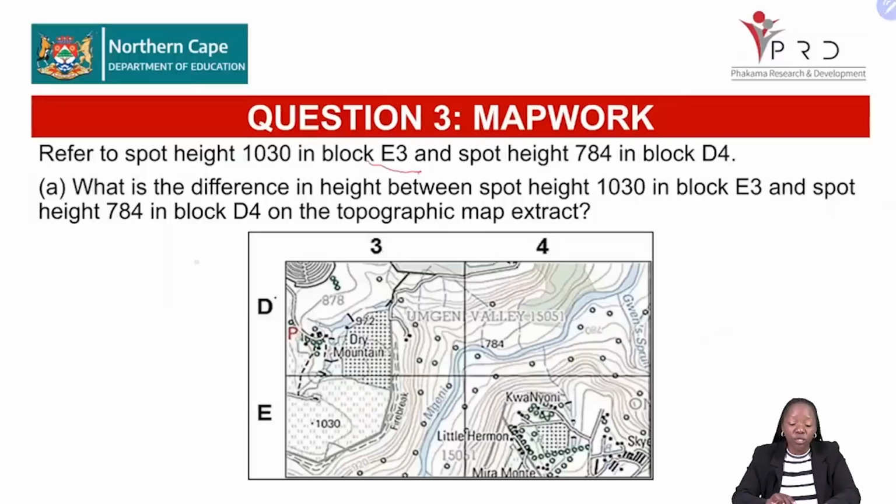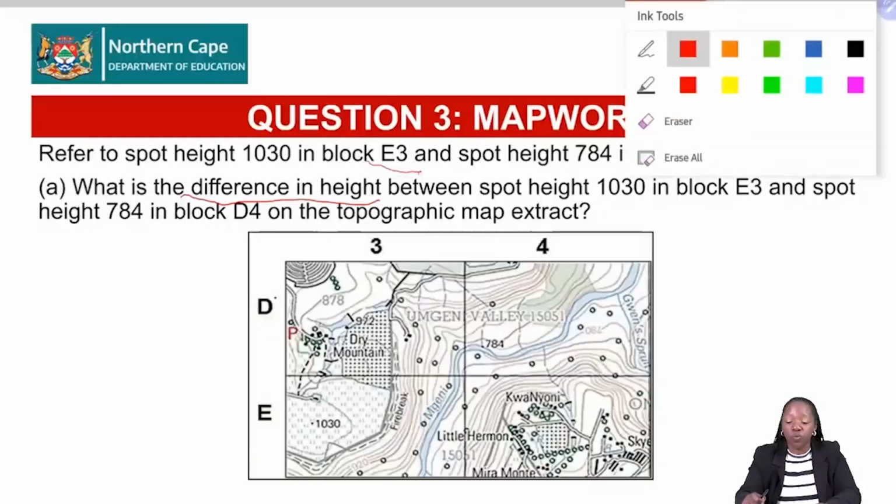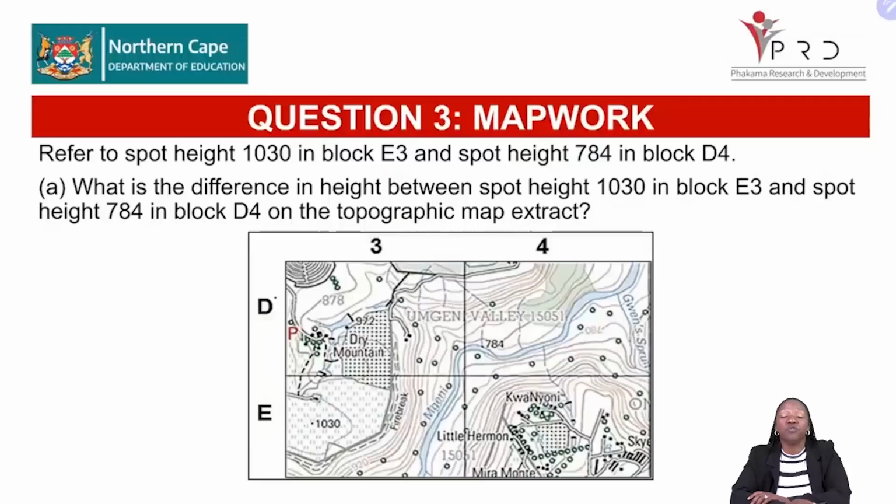Then the first question: what is the difference in height between the spot height 1030 in block E3 and spot height 784 in block D4 on the topographic map extract? So 1 minute, and then after 1 minute, we'll be proceeding to our solution. Then we move to the next question.